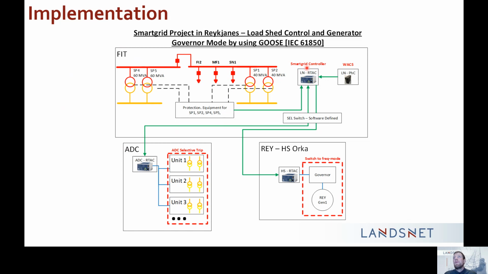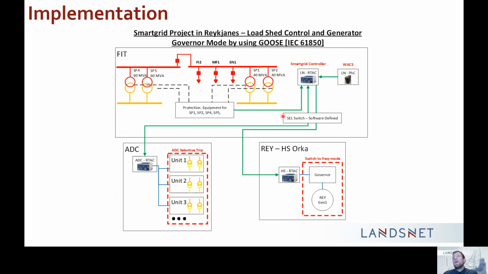So here we have implemented just a smart grid controller using RTAC from Schweitzer, and from there it implements both of these controls, and it sends the load shed signal to the data center. It also calculates accurately how much it should send from this and the different stages from a wide area control.